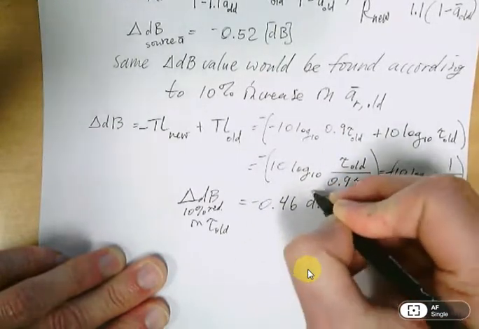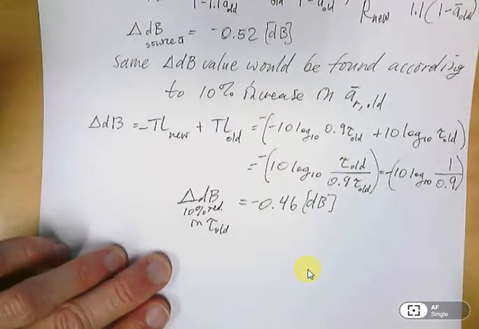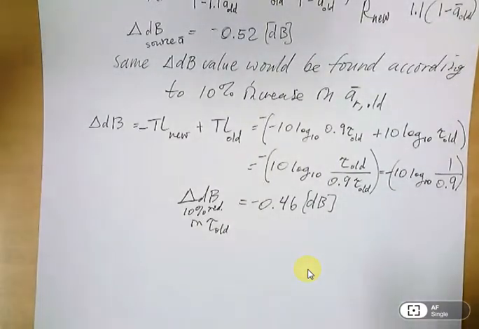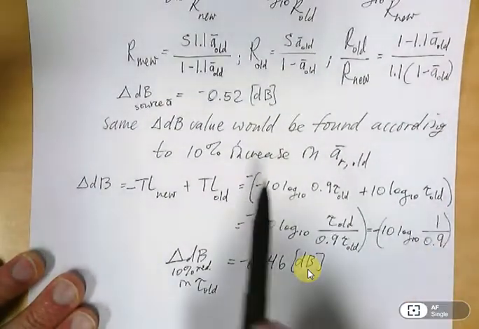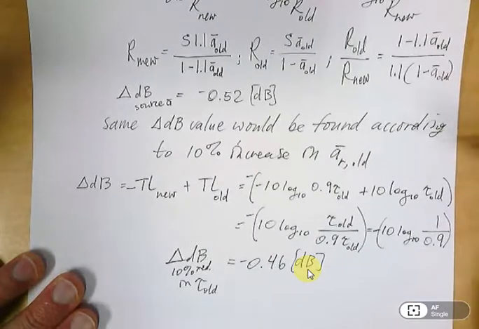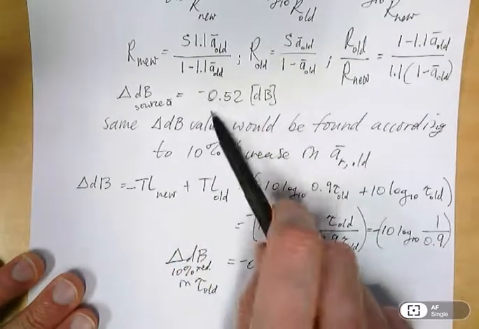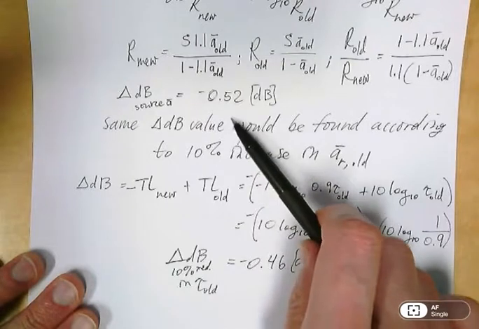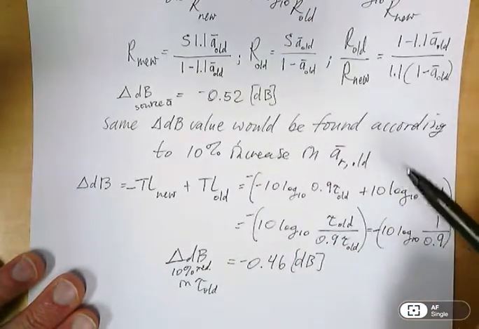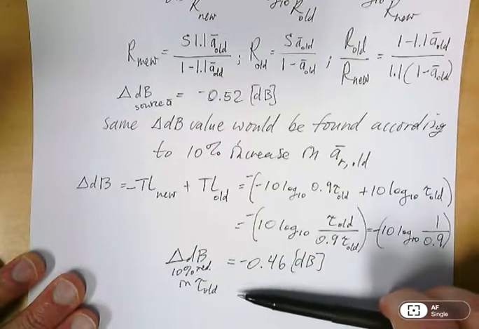So what we conclude is that using a 10% increase in the mean absorptivity of the receiving room or of the source room will achieve a very slightly greater decrease in the SPL2 in that receiving room than we would by reducing the transmitted acoustic power by 10%.